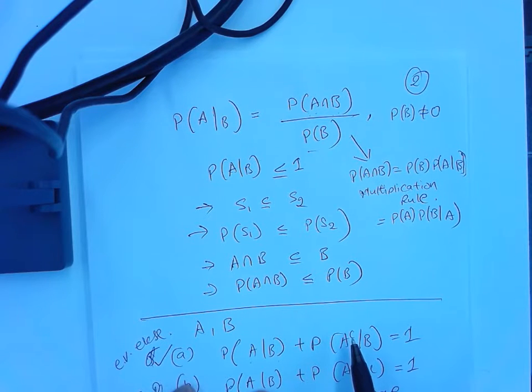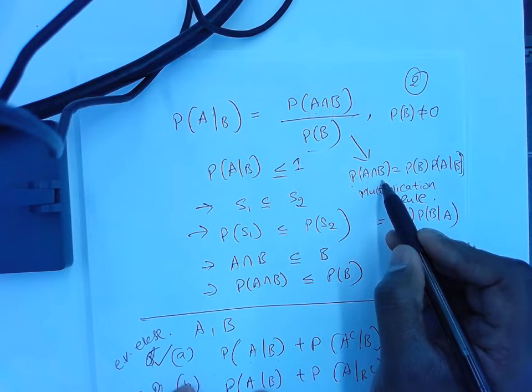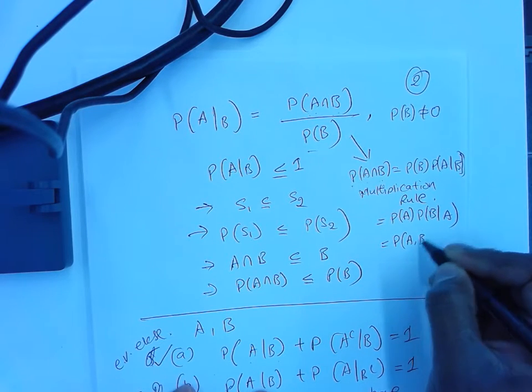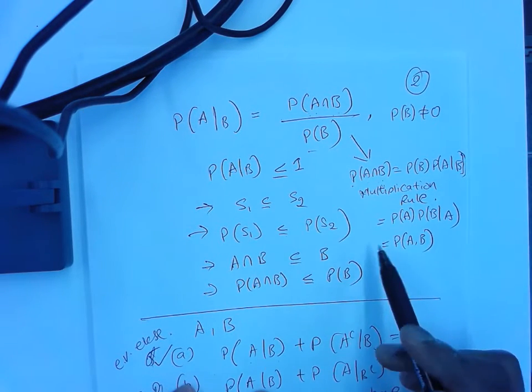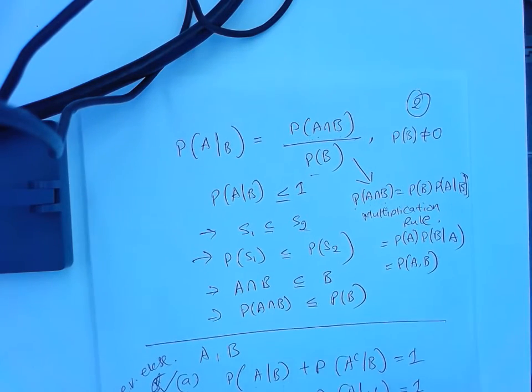Okay, and P of A intersection B is what we call the joint probability of A and B. Sometimes we also denote it as P of A comma B. Any questions so far? Everything is following just from the definition of conditional probability.